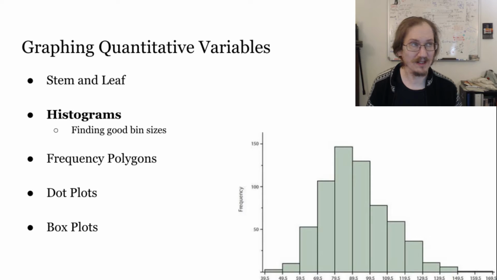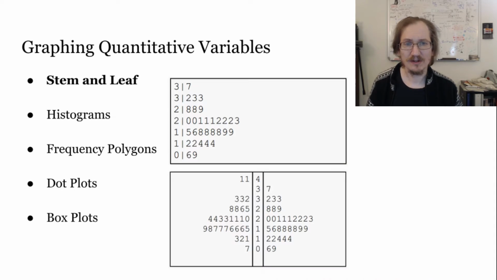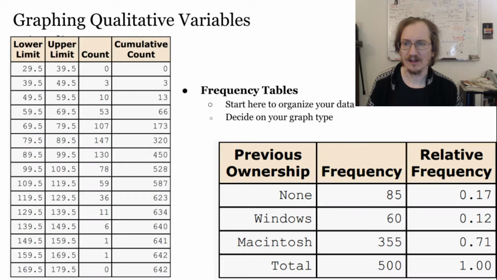So it's a little more informative, I would say. This is a very common graph. You're going to see it in a lot of places, and the real challenge I think here is finding good bin sizes. When constructing a graph like this, you're going to use, to go back briefly, something like this frequency table on the left here, where you have an upper limit and a lower limit.